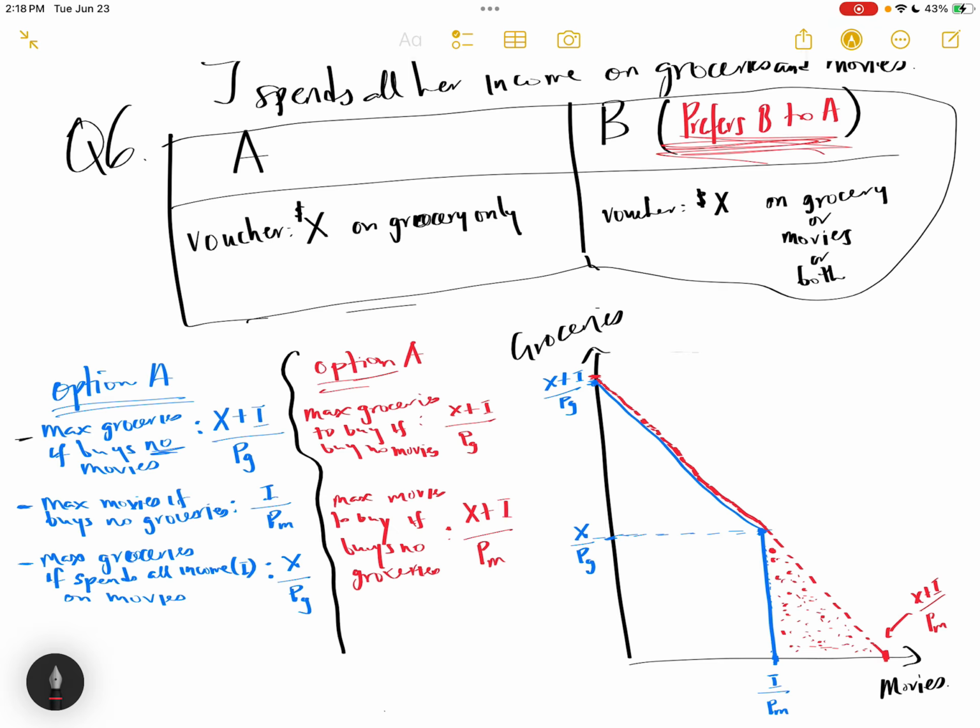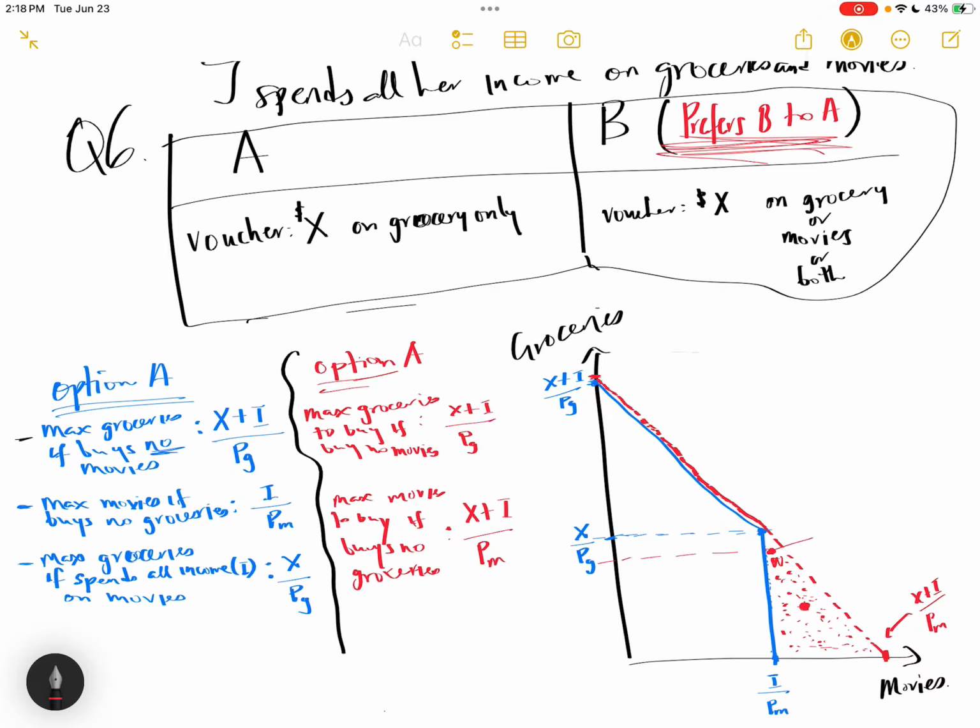Do you realize that? Like right here, she's spending less than X on that point. Let's call that point W. She's spending less of the voucher on that point.